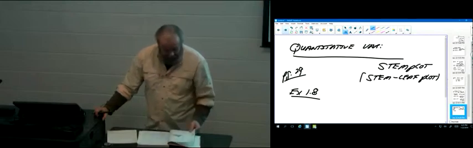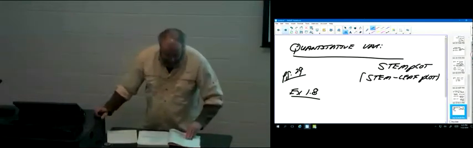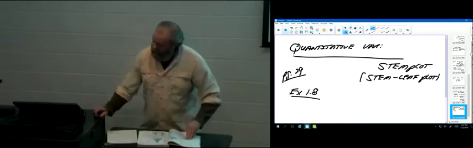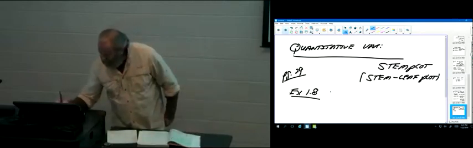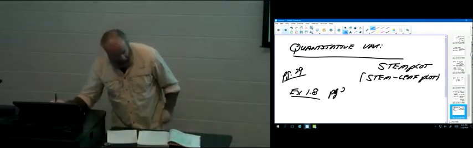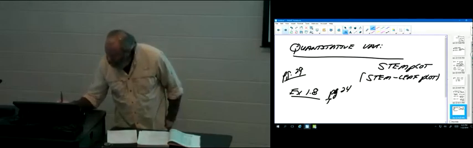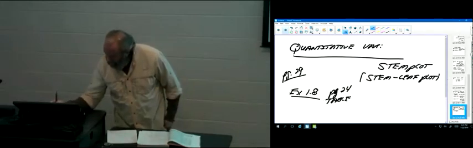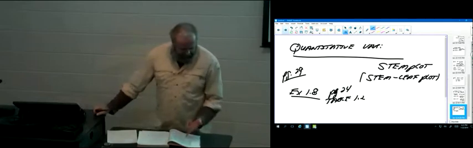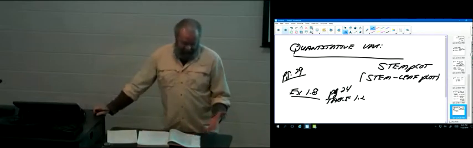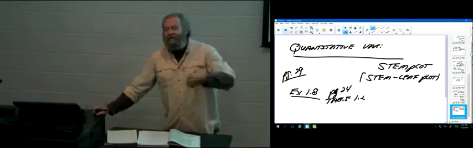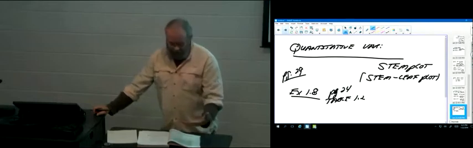I'm on page 24 looking at Table 1.2, the percent of state population aged 18 to 34 who are minorities. The 50 states and the District of Columbia, there are 51 individuals.